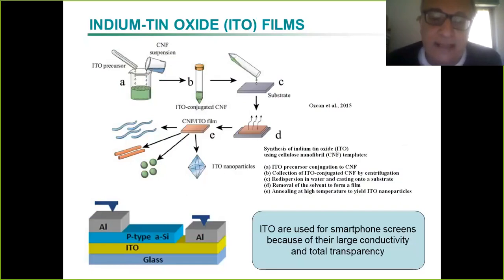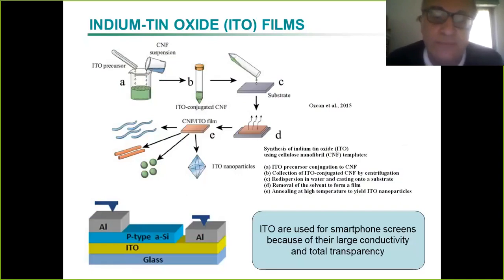And in practical terms, as always, the cellulose nanofibrils yield a precise ITO nanoparticle, because cellulose nanofibril results in a kind of scaffold, which has to be removed by the effect of temperature, by annealing.